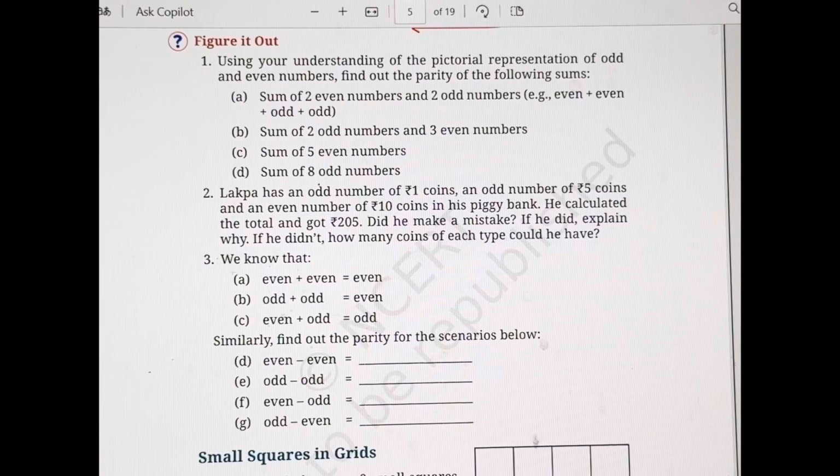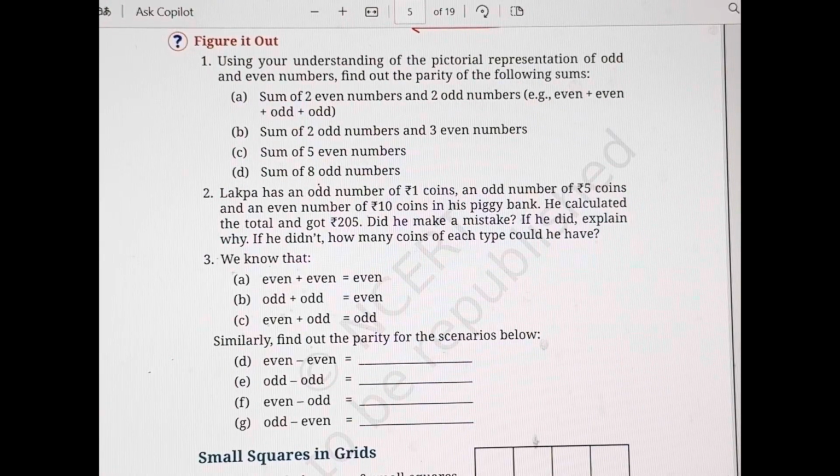So first question is, using your understanding of the pictorial representation of odd and even numbers, find out the parity of the following sums. Right? The pictorial representation was given to you for understanding, for visualization. It is not necessary that you always draw, because if the numbers are bigger, then it's not possible to draw.